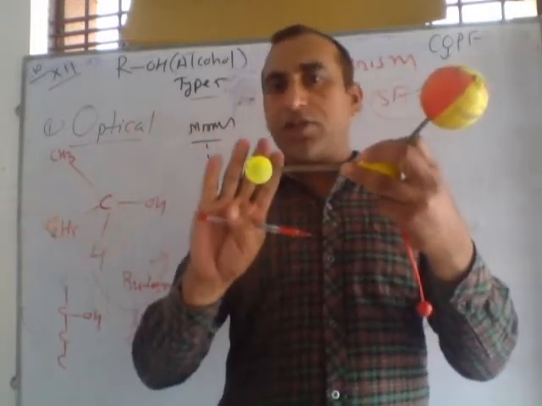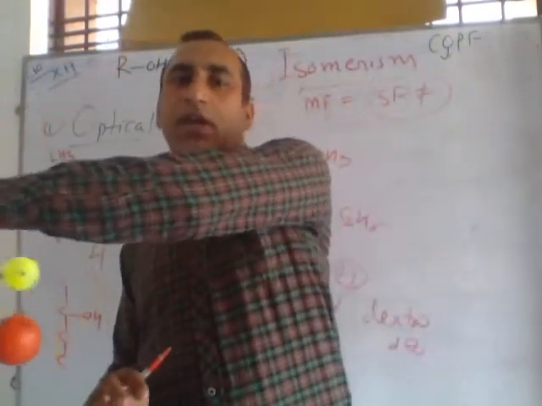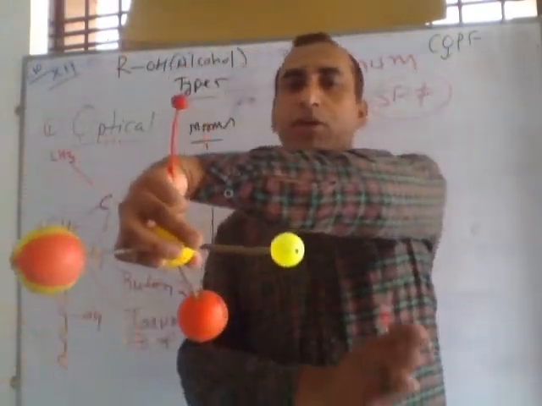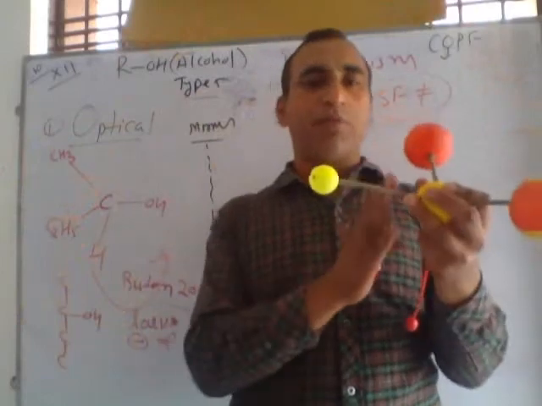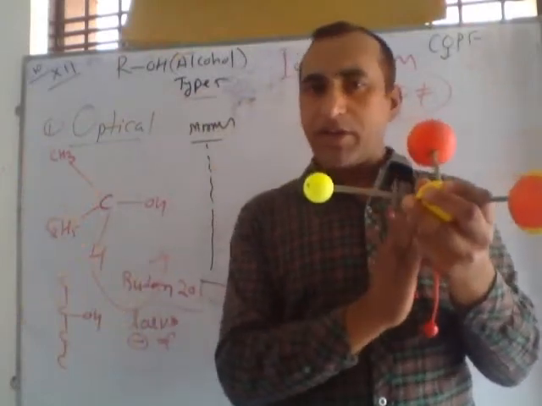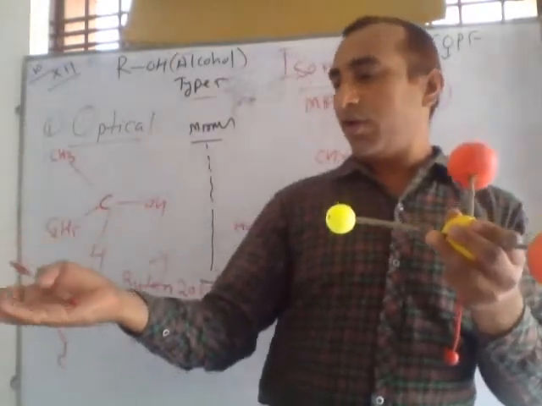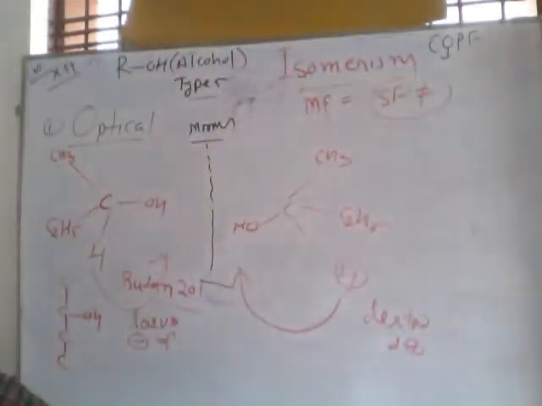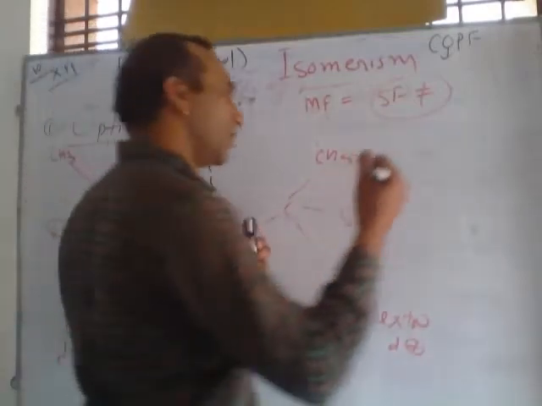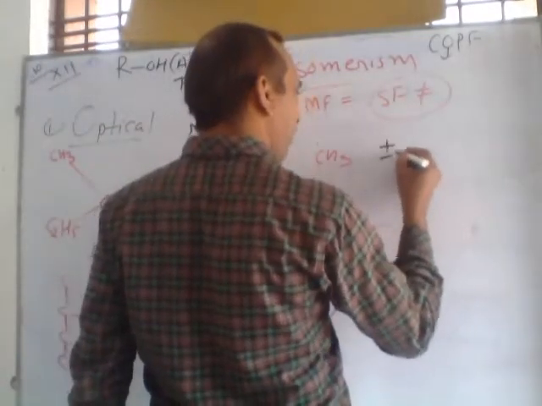This type, and it will turn in this way. So these two are mirror images, and suppose this compound rotates PPL toward the left-hand side, this is levo, and its mirror image will rotate to what? The right-hand side. This is called dextro. In exams they are sometimes written as plus and minus.